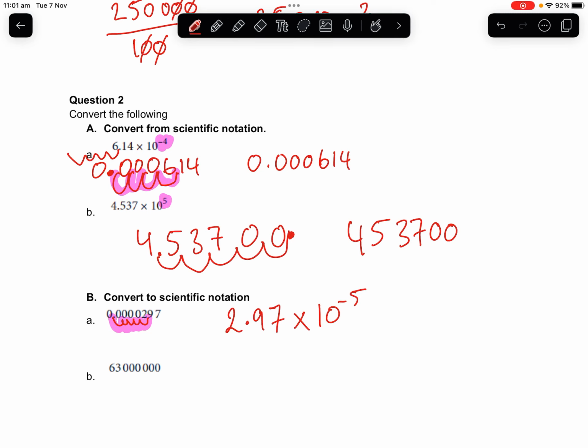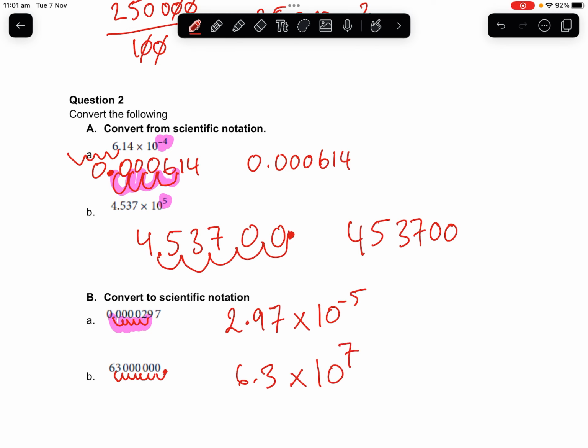Next one, this number right here, question 2. Again, the decimal point is currently right here. We need to move it to a number where it is between 1 and 10. So 1, 2, 3, 4, 5, 6, 7. So 6.3 times 10 to the power of 7.